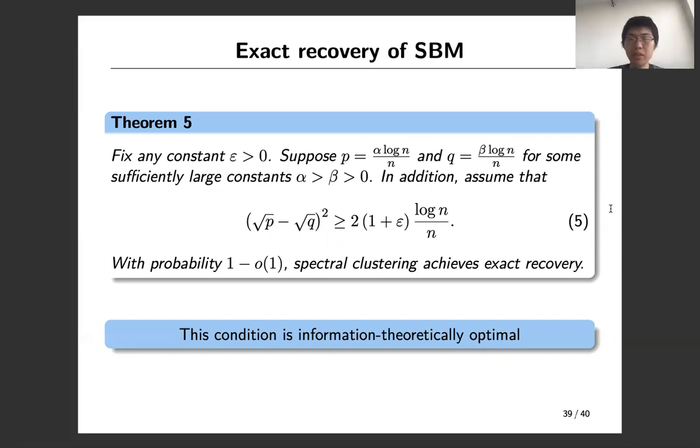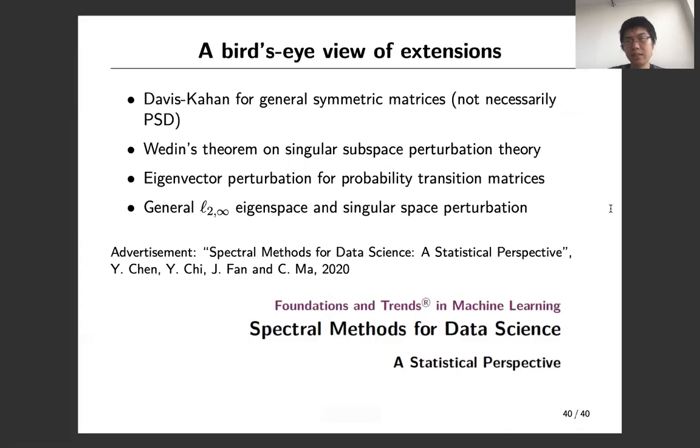So in the end, let's together take a bird's eye view of possible extensions of the spectral method we introduced so far. Those will basically be things we don't have time to talk about in this tutorial. First, we have introduced Davis-Kahan's sin theta theorem for positive semi-definite matrices and for the leading eigenspaces.